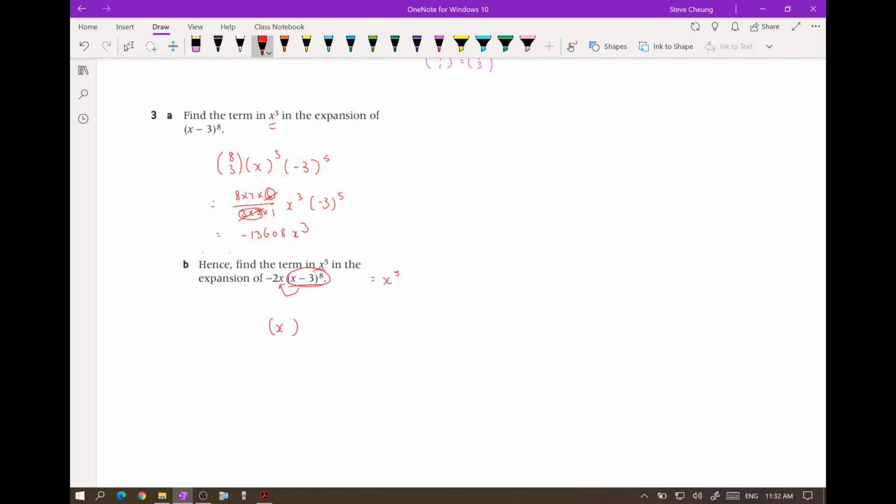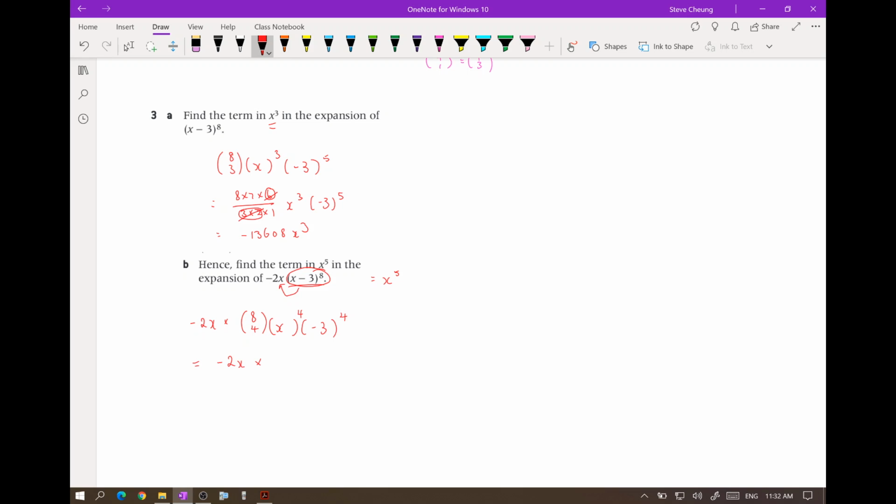So if I want 4 to come out from the combinations of these two terms, that means I must have 4 coming from x and the other 4 coming from negative 3. So the coefficient in front will be 8 choose 4. And then I still need to multiply by minus 2x to actually get the x to the power 5 term.